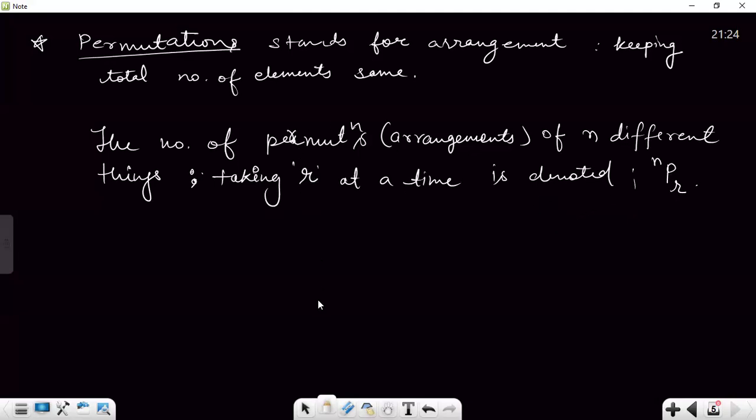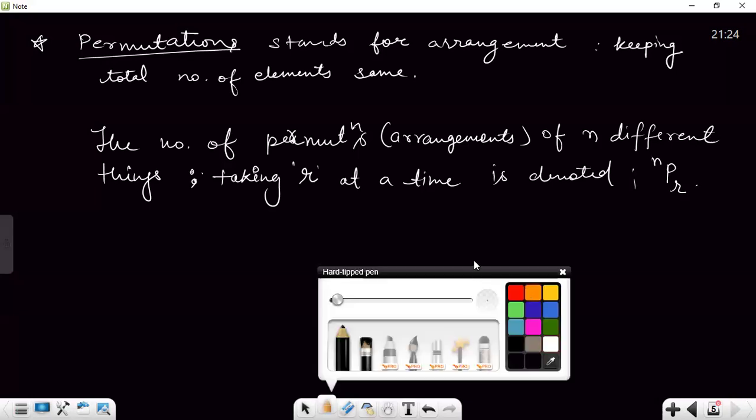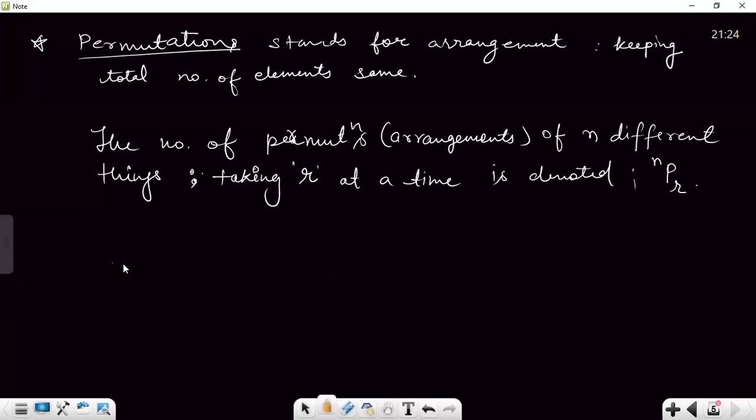So let's use the layman's language and understand it from a layman's perspective. So basically, let's say there are r number of spaces on which we have to arrange r elements. We have to arrange r elements out of n.